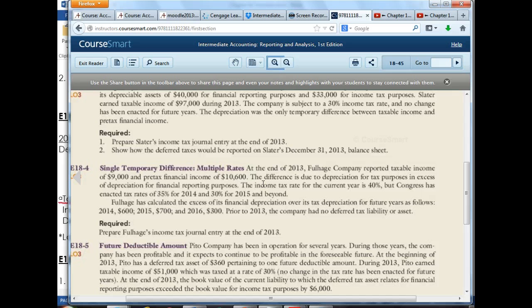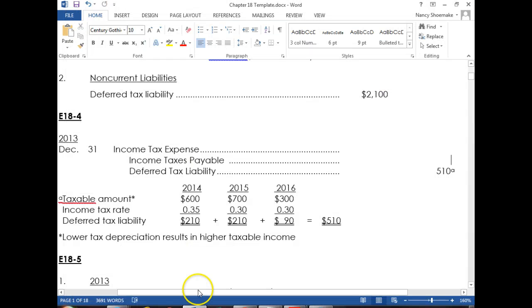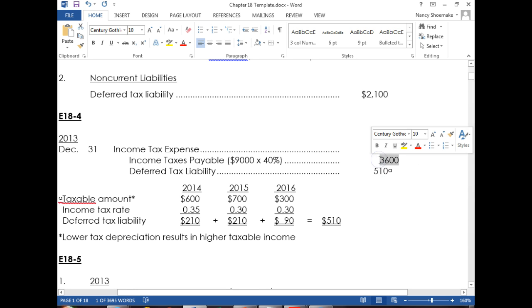So we reported taxable income of $9,000. Therefore, our amount for this year is going to be 9,000 times what tax rate? 40% is an amount of how much? 3,600. And the deferred tax liability is a result here.